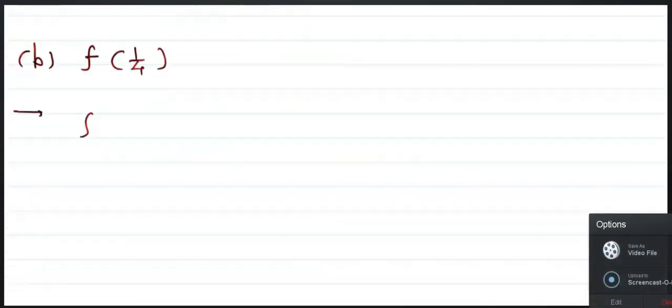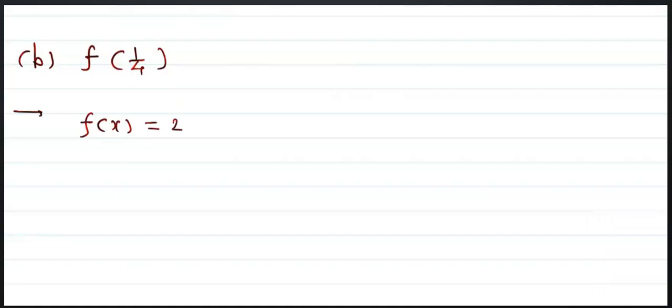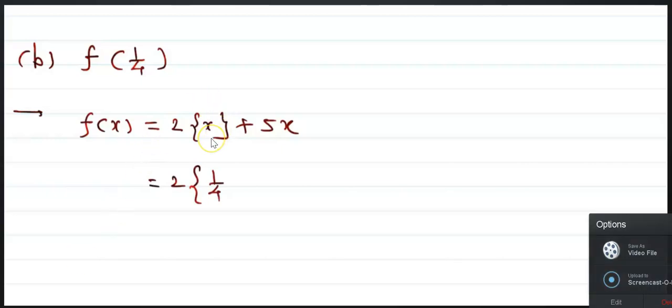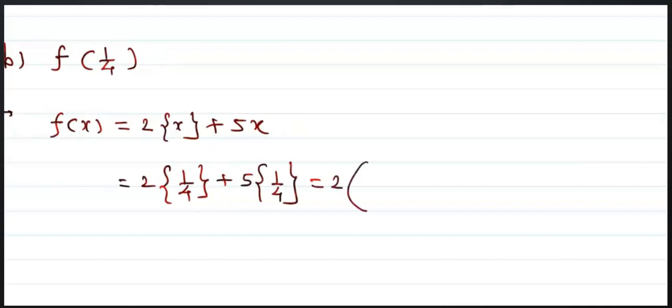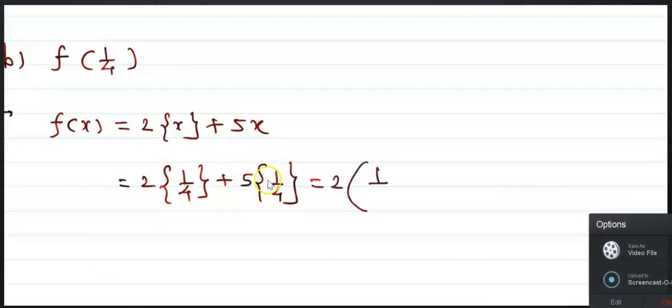Now next, f of 1 upon 4. Our function is 2 into the fractional part of x plus 5x, that is 2 times the fractional part of 1 upon 4, plus 5 into 1 upon 4. The curly bracket should not be there, it was my mistake; the fractional part is not recorded there.